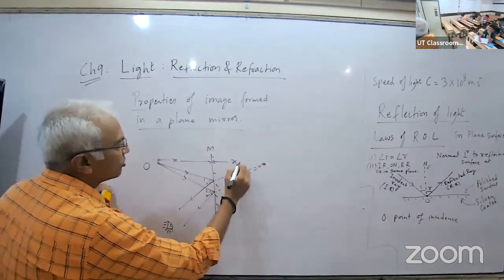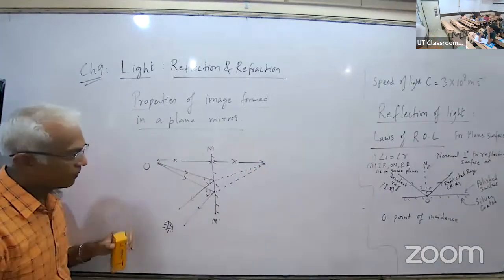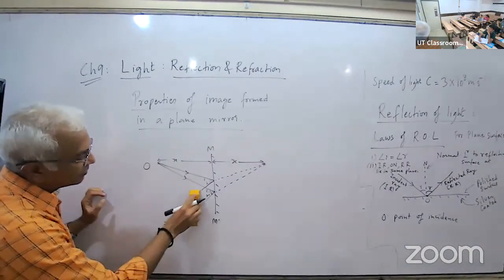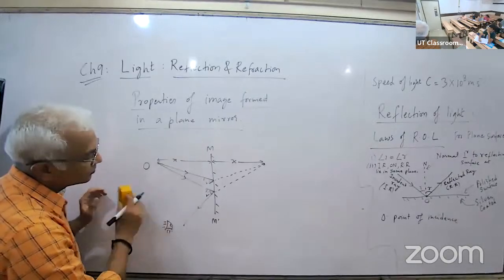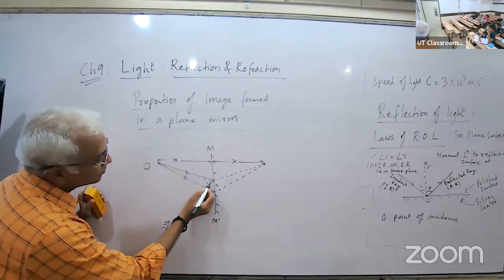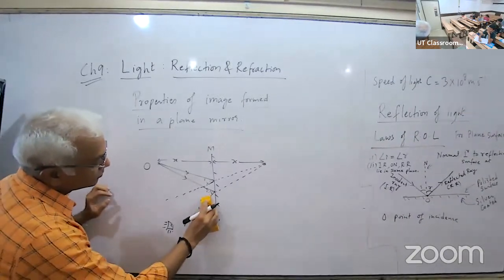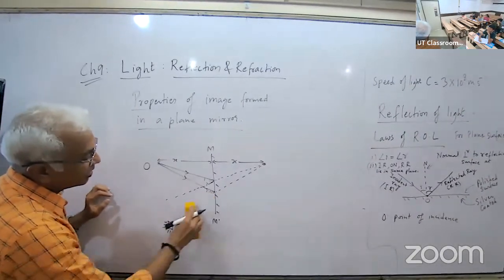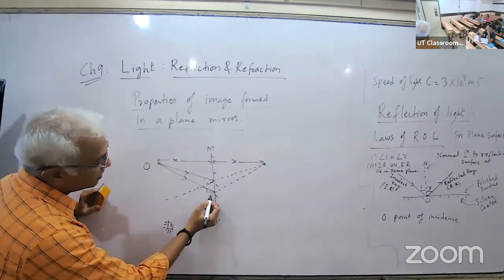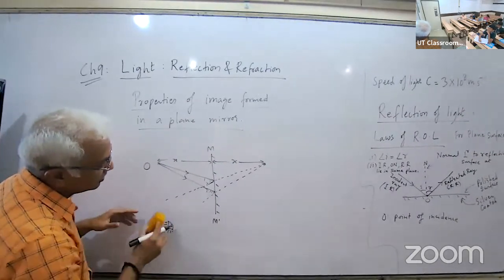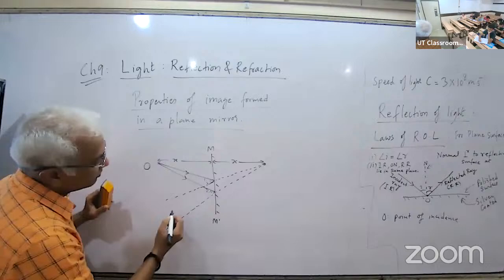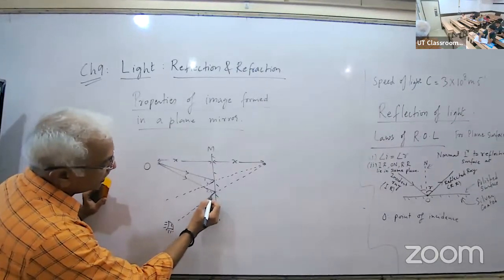Behind the mirror also it should be x. But the ray should be straight. When you draw it with the help of a scale, you'll find that it is a perfect diagram. But this should be a solid line.